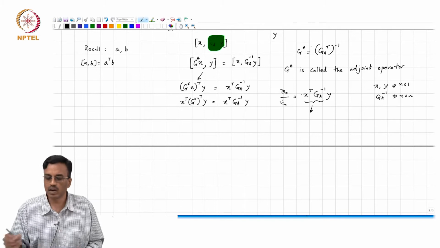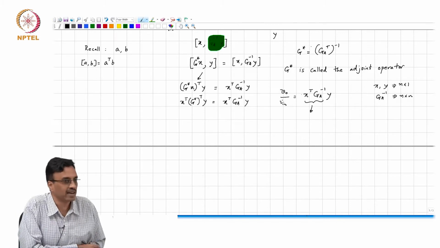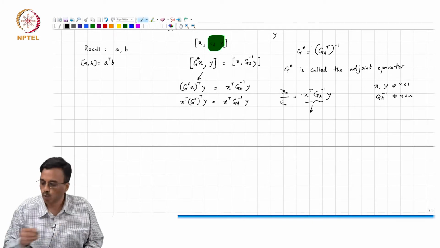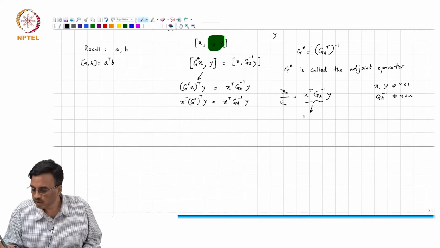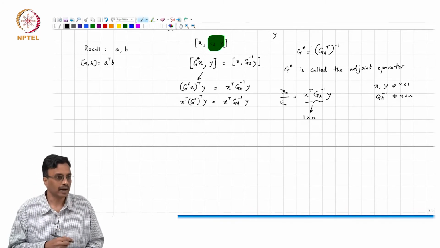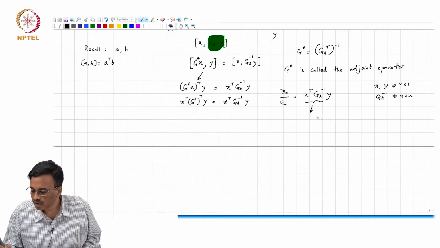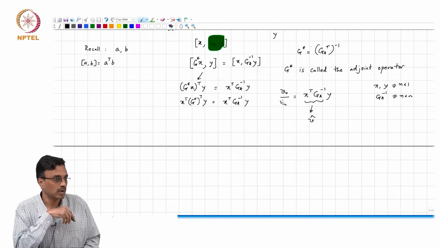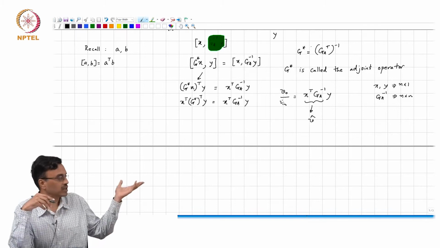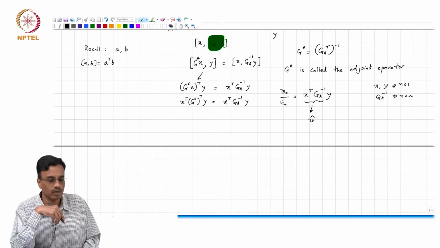So, what comment can we make about X transpose times GA inverse? It is a 1 cross n row vector, correct? And I am going to call that V hat. It is just notation, there is nothing holy about that.